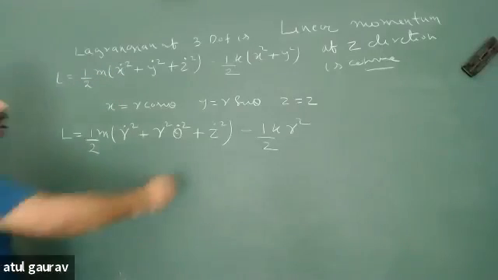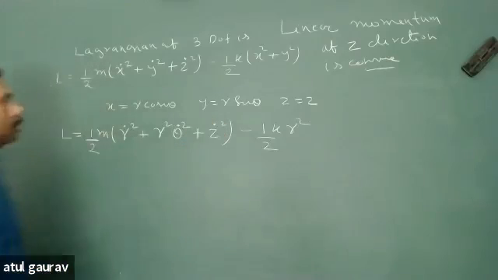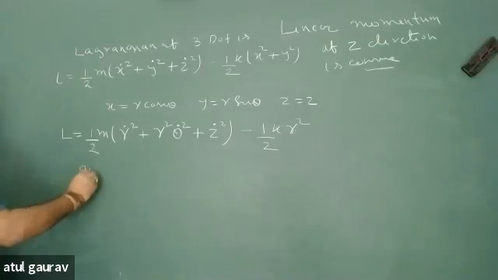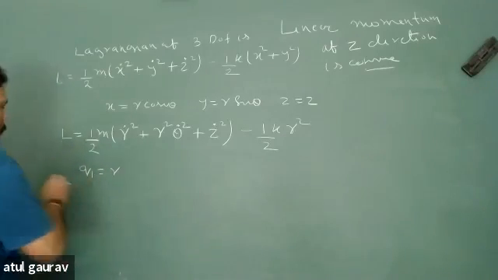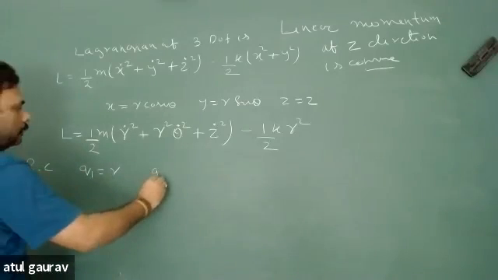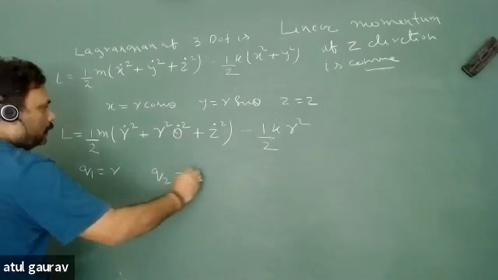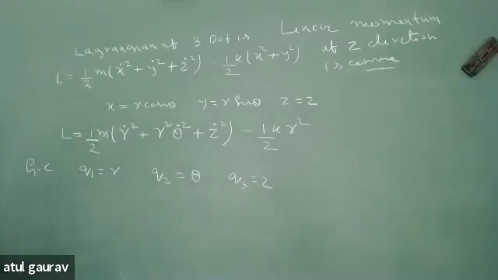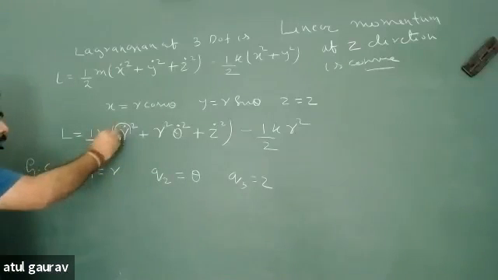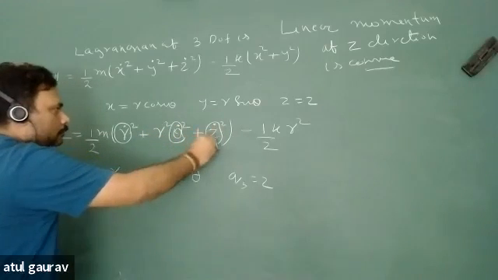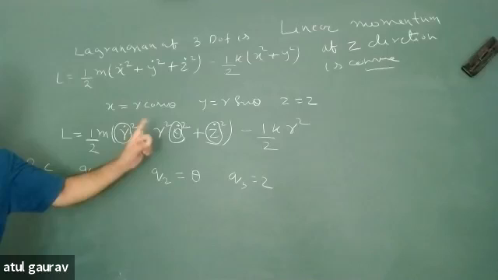So what are my generalized coordinates now? My generalized coordinates are q1 is equal to r, q2 is equal to theta, and q3 is equal to z. r theta dot is not a generalized coordinate.